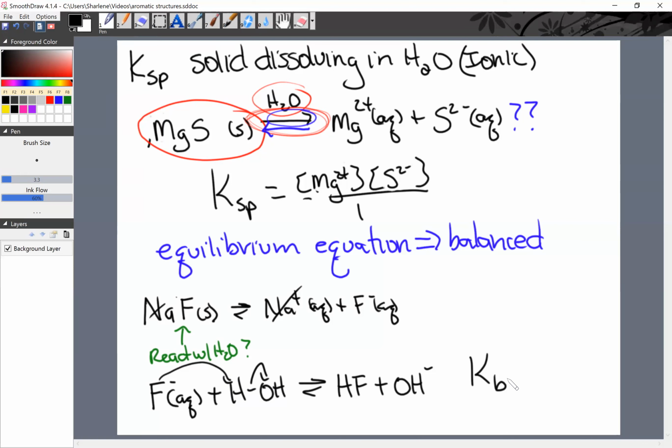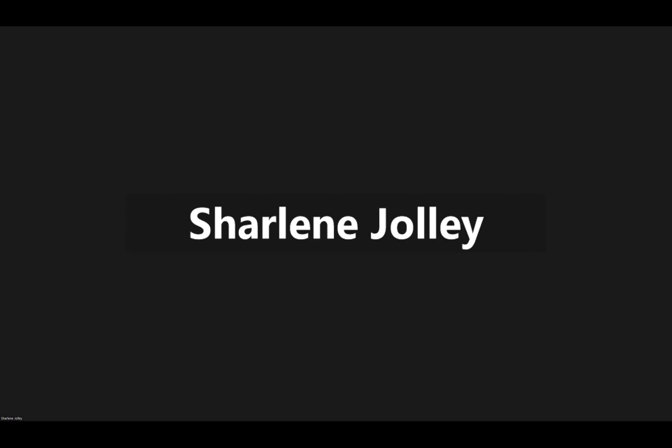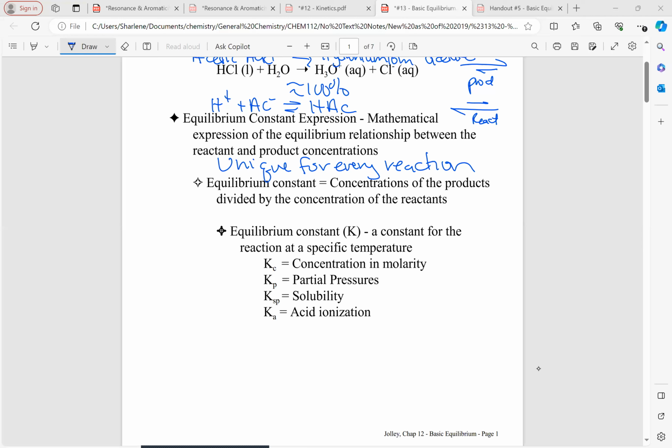All right, go back to our notes here. Make sure I covered all the subscripts. Kc means they have to all be in molarity. Kp means they all have to be in their pressures. Ksp is for ionic solids dissolving. Ka, of course, is acid ionization.